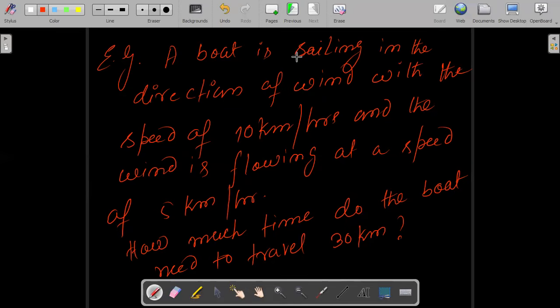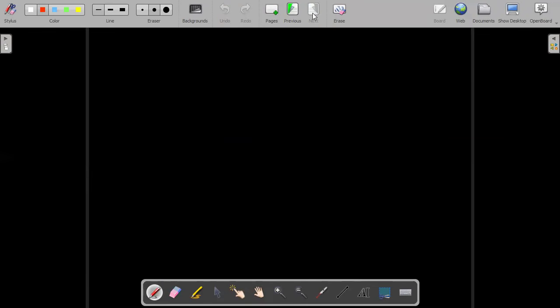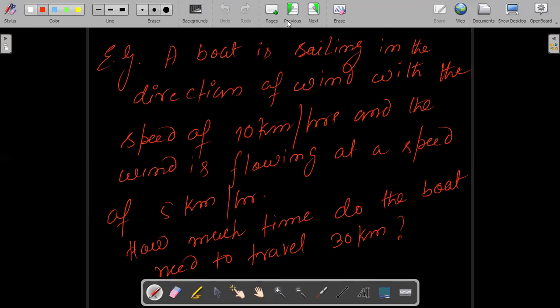Right. So in this case, we will have to use the unitary method. So here, how many quantities are there? What are those?